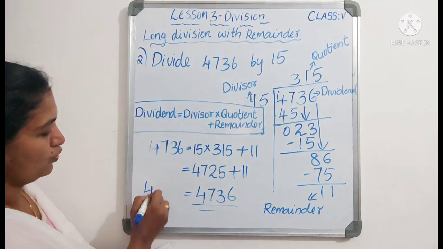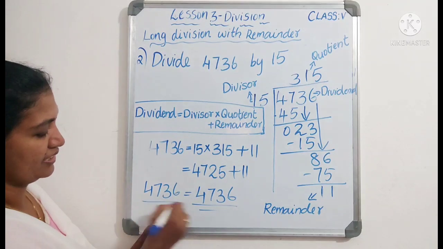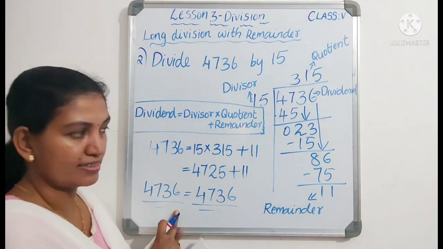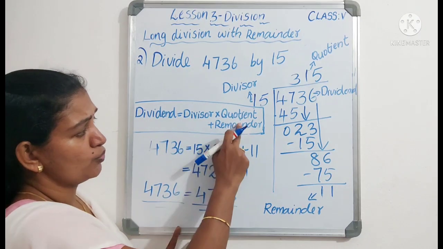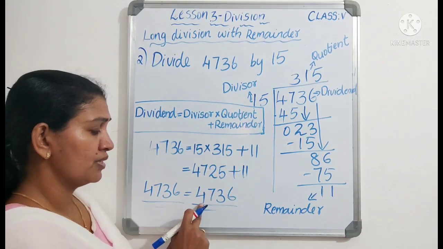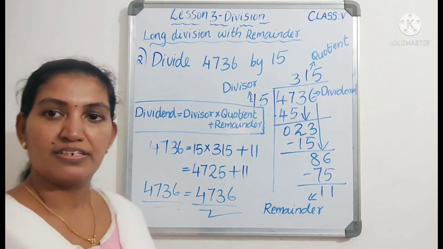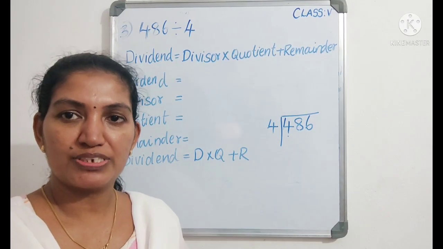Before also we got 4736, so the dividend is 4736. Divisor into quotient plus remainder is also 4736. So our answer is correct. Understood all of you?